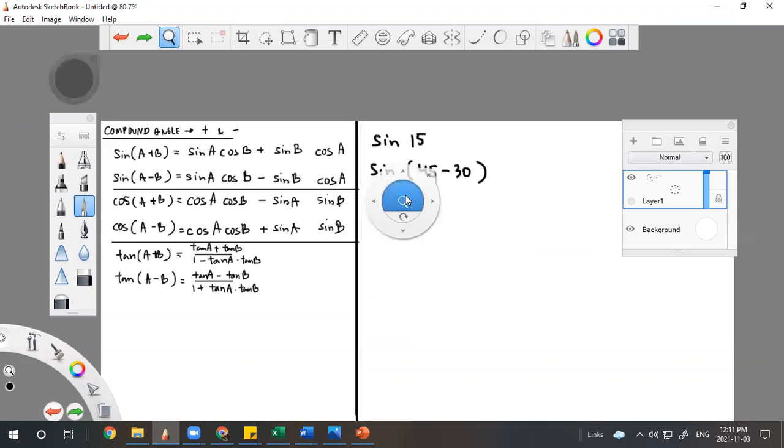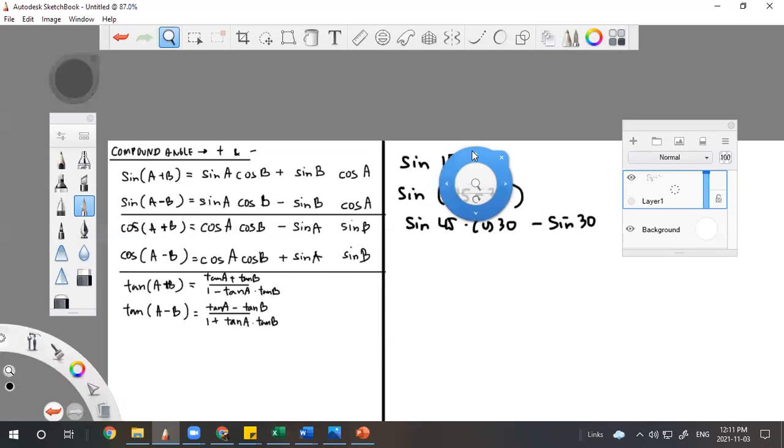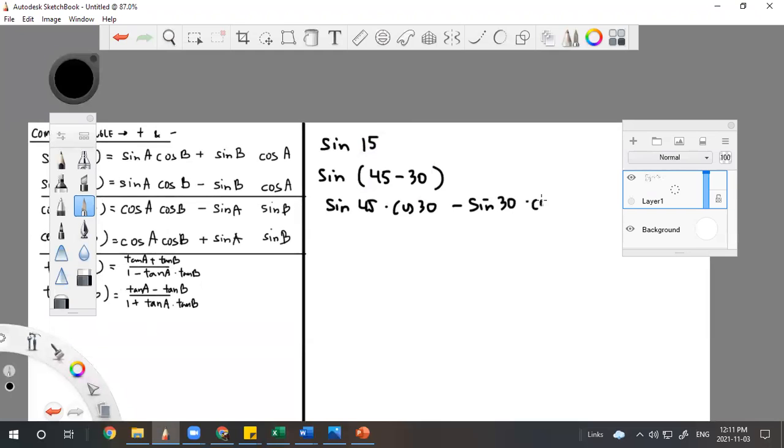And what formula do we use? We use the second formula here, right? This formula: sine A cos B subtract sine B cos A, right? That's how you make sense of sine 15.